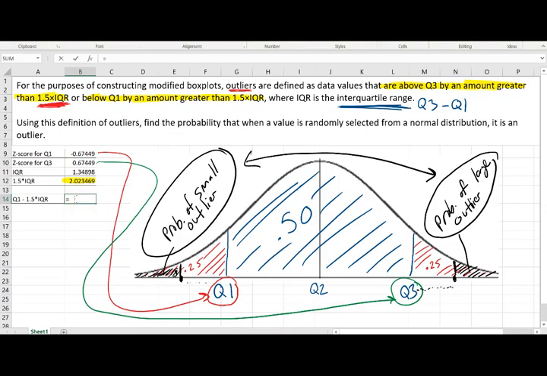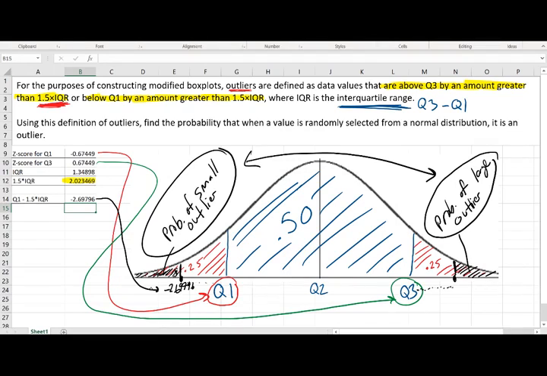Okay, so let's say this is equal to Q1 minus B12. Okay, so that's Q1 minus 1.5 of the interquartile range. Okay, so that is this z-score down here, negative 2.69796. Okay, so this is that z-score right there.